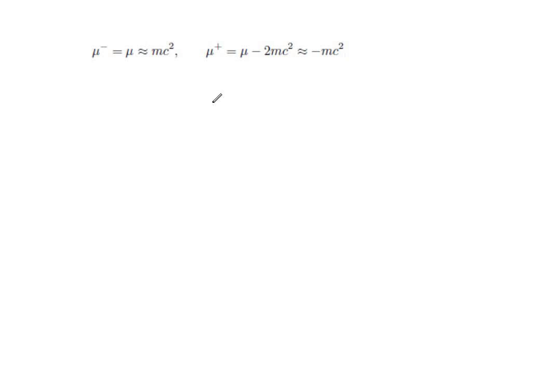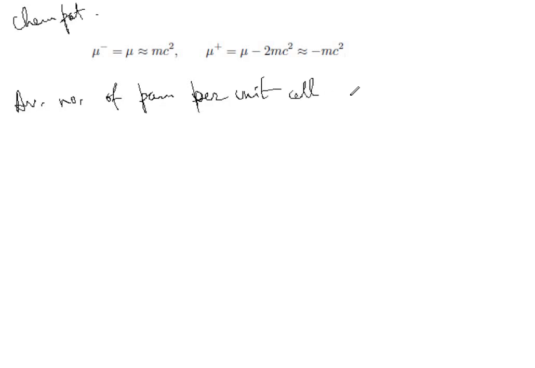And what about the average number of particles? So, this is chemical potential and average number of particles per unit cell. What is it? This is basically, again, very similar to the previous result.